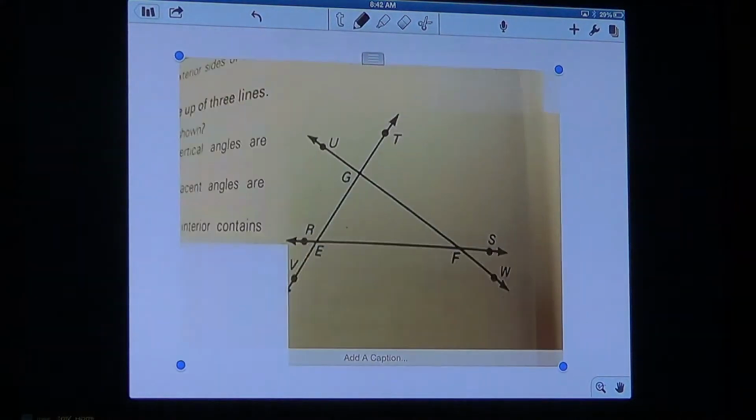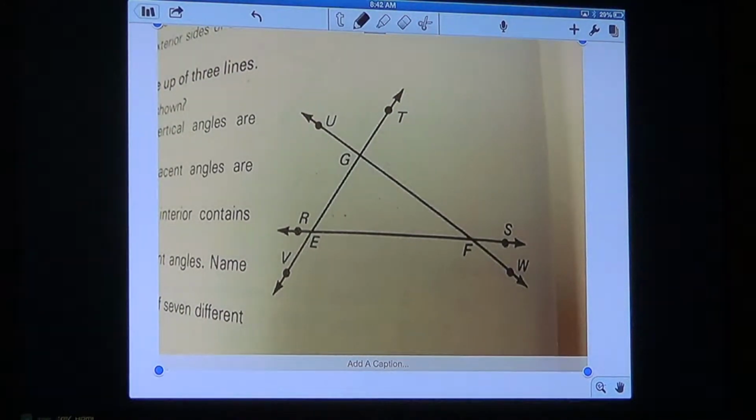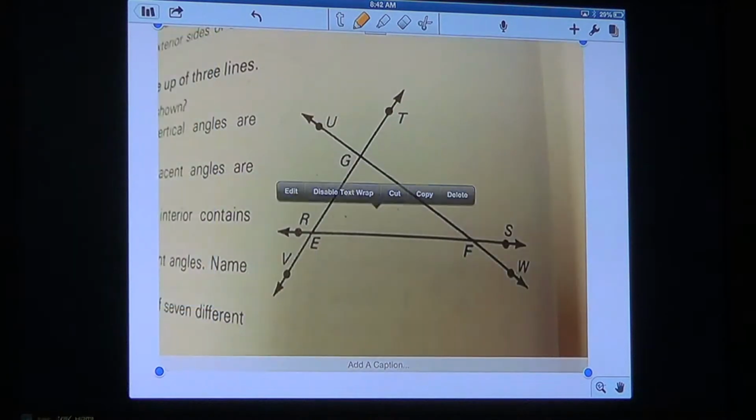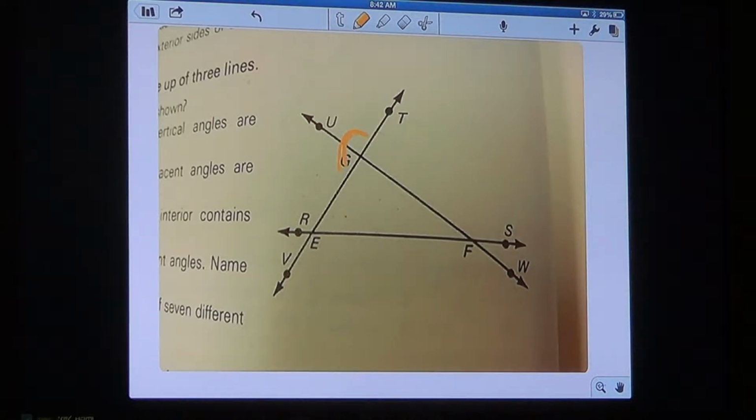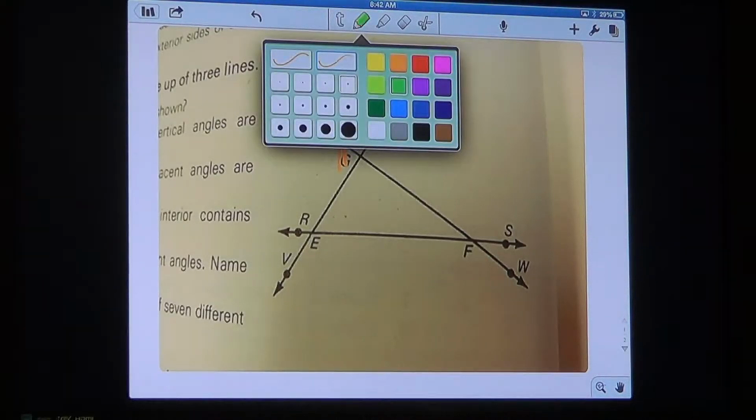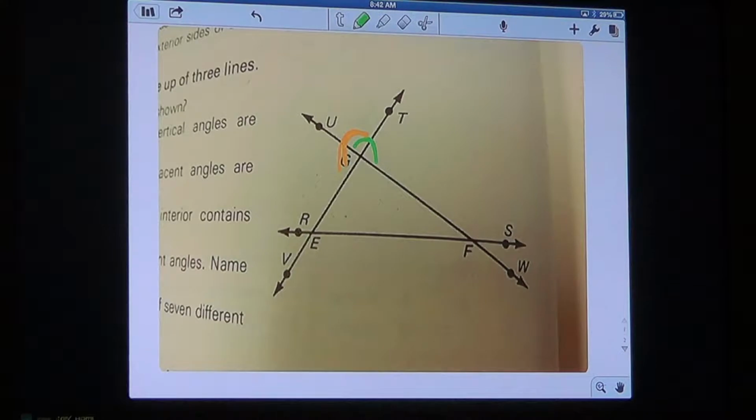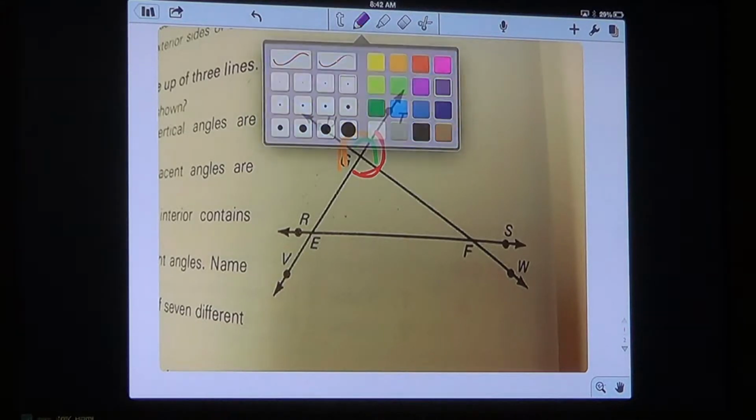Alright, let's see. Adjacent angles. Does it say how many pairs? Okay, so here's one pair. 1, 2, 3, 4. How are those adjacent?